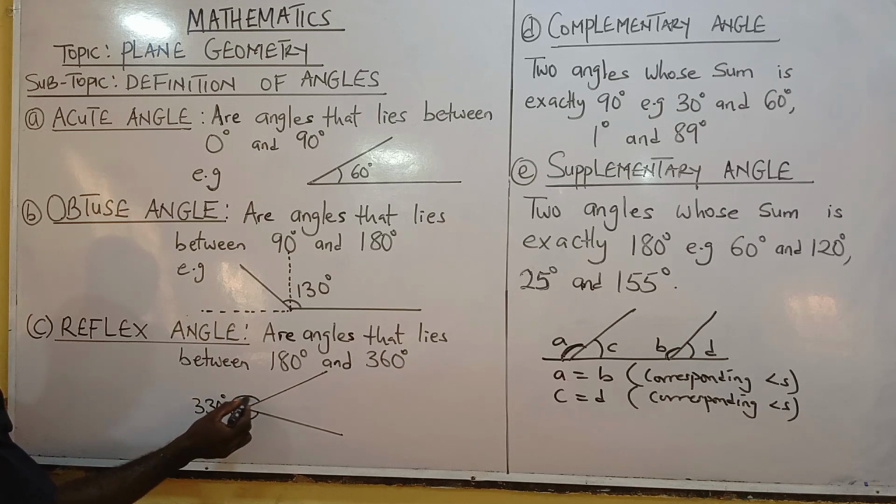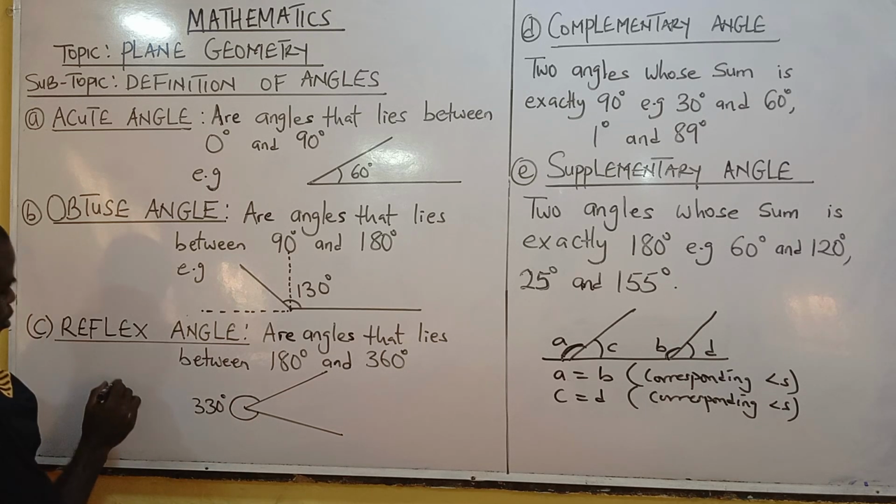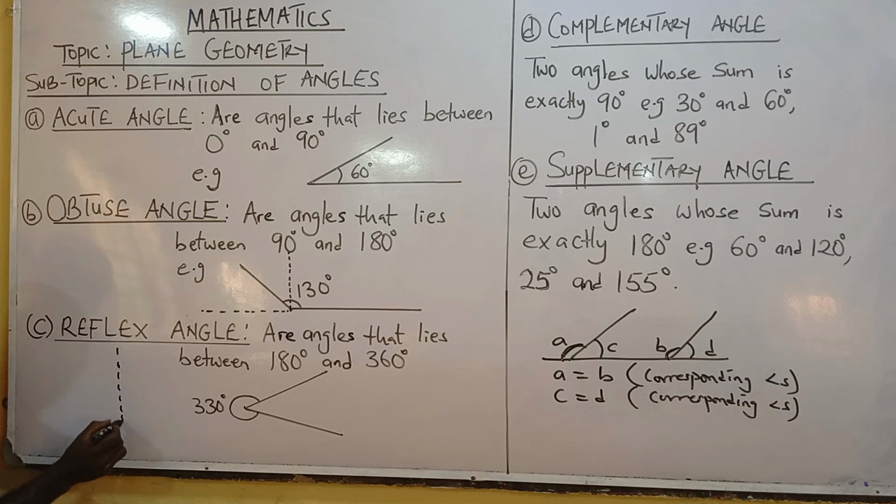You can see this angle is beyond 180 degree. Now when you have 180 degree, look at this line of 180 degree. You can see that it makes a curve. It goes beyond this 180 degree, that means that it has shifted. It has to be beyond this line.